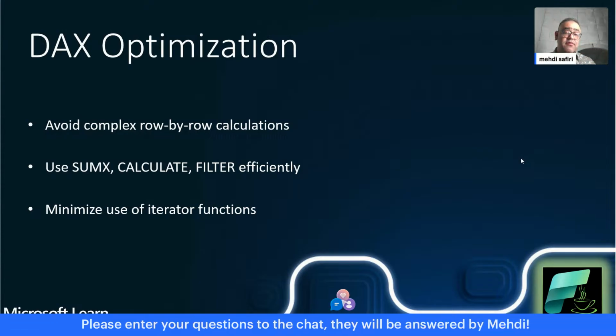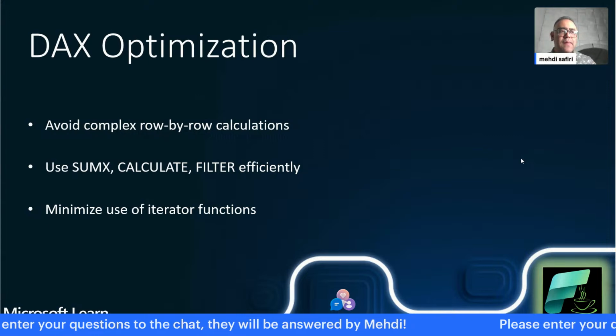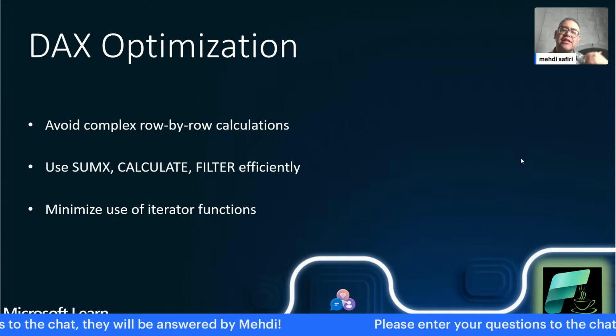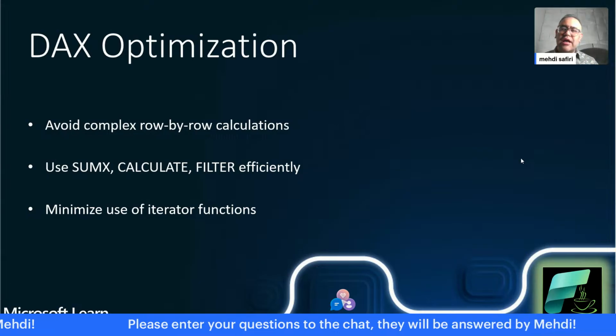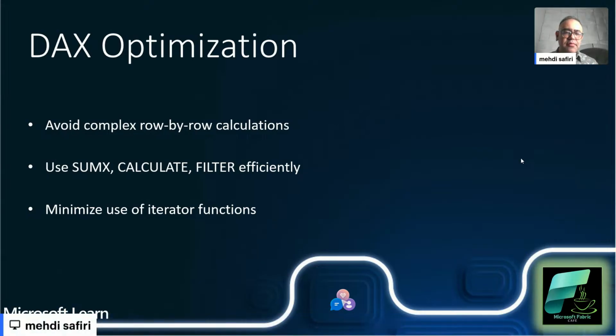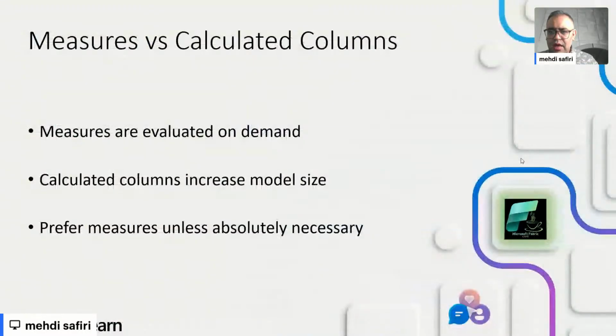You must avoid them, and avoid creating calculated columns because they act row by row, and there is a row context in them. Functions like CALCULATE and FILTER are so friendly and super cool. They are handy, but you must be wise when you are using them.